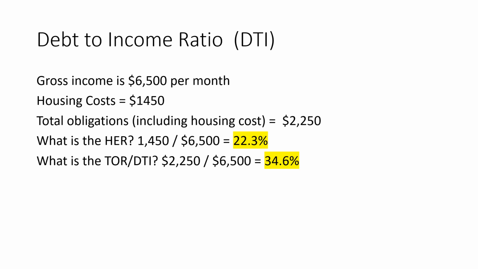So all we do is take the housing cost and divide it by the 6,500, which gives you 22.3%. And then they want to know what the total obligations ratio is, or sometimes it's referred to as DTI. So you're going to take the 2,250, which is everything, and divide it by the 6,500, and their DTI is 34.6%.